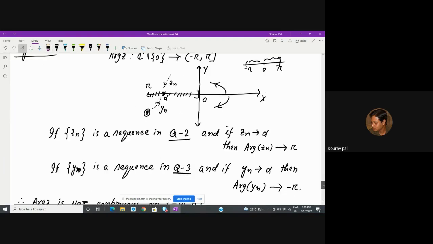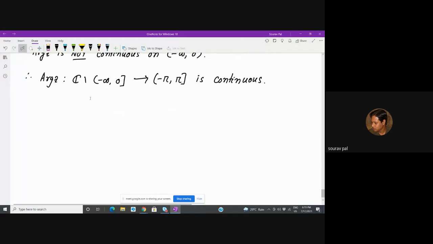Okay? Now I am going to define what is called a branch of logarithm. So let G be a region. Once again, I repeat, logarithm is one of the non-trivial concepts in complex analysis. One needs to learn it properly and clearly. So what is a region?